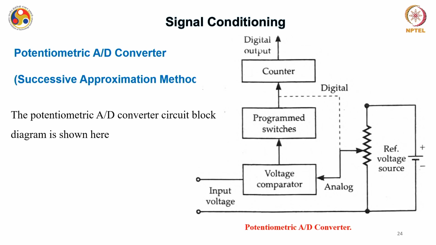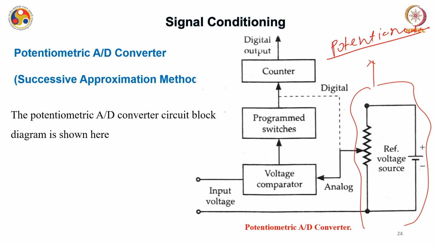A typical successive approximation based potentiometric AD converter looks something like this. Now this region, if you see, resembles a potentiometer, and that is why its name is potentiometric AD converter. Here I have a voltage comparator, a programmed switch and a counter. The output of this counter is a digital output.